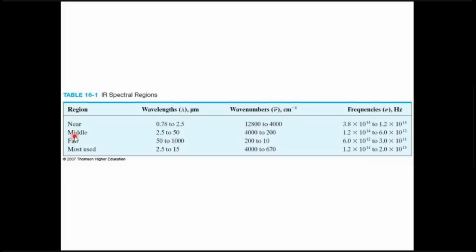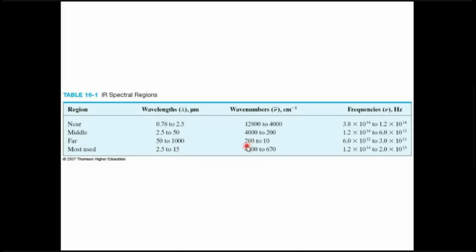The middle region of infrared spectrum ranges from 2.5 micrometer to 50 micrometer, or 4,000 centimeter inverse to 200 centimeter inverse. In case of far infrared region, it is from 50 micrometer to 1000 micrometer.